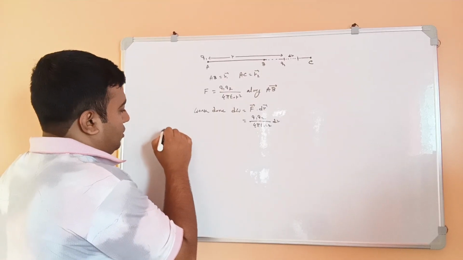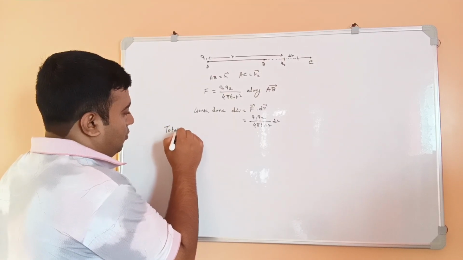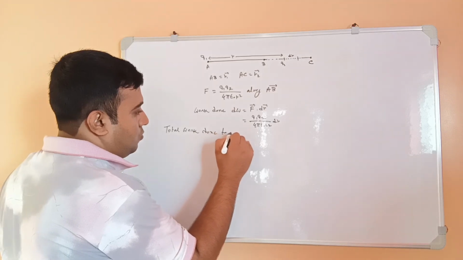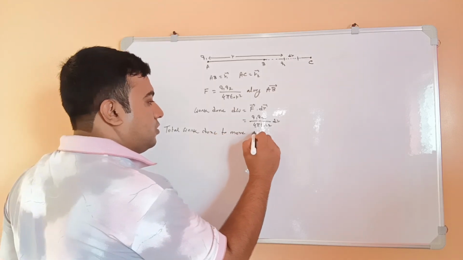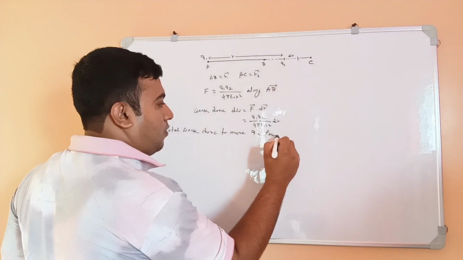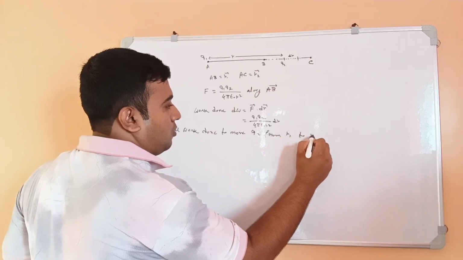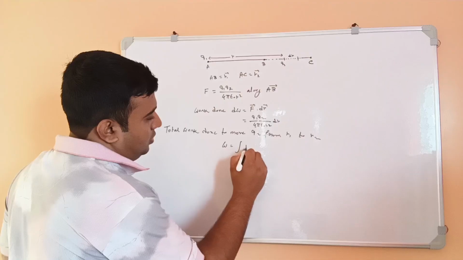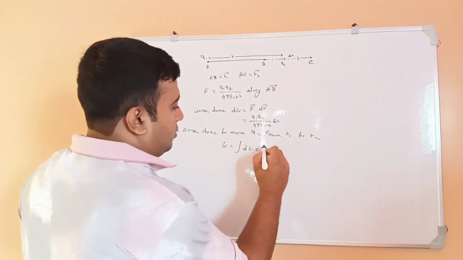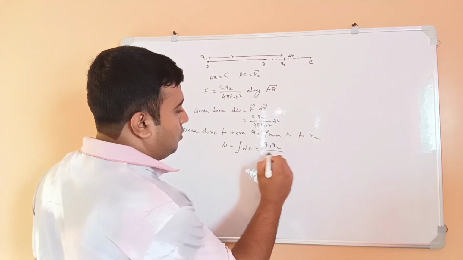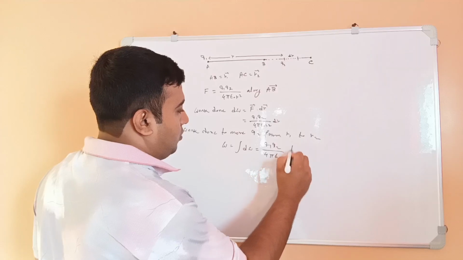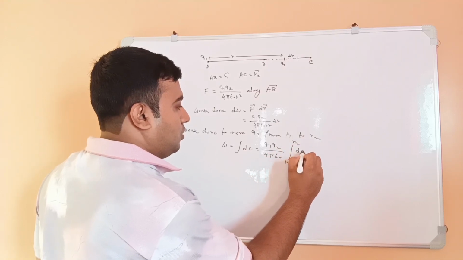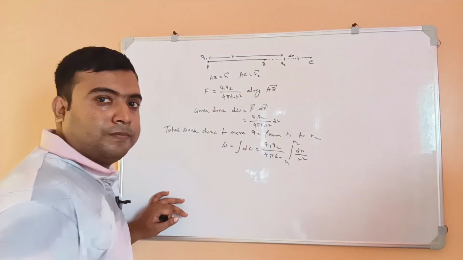So the total work done to move Q2 from R1 to R2 is W equals integration dW, that is Q1 Q2 by 4 pi epsilon naught times integration R1 to R2 dr by R square.